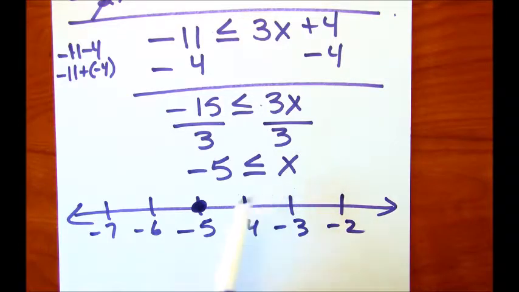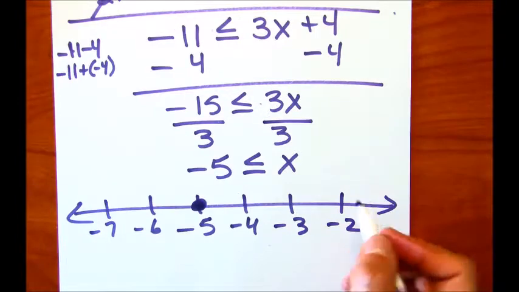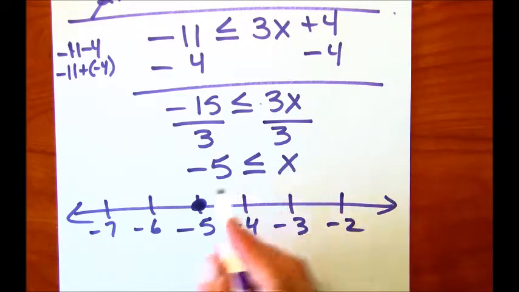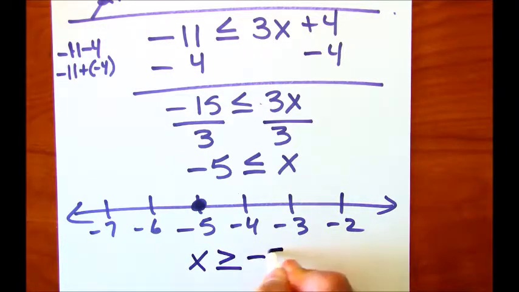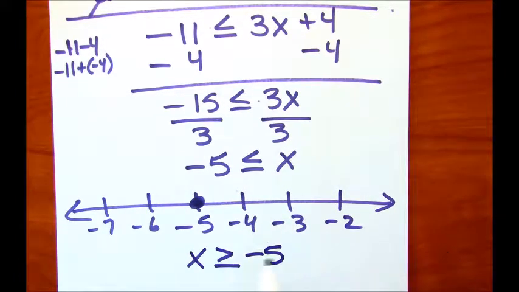And -5 is less than x, so you could switch it around if this is confusing. You could write it as x is greater than or equal to -5. And so when I'm coloring in, notice the x is going to be larger, so I'm going to the right.